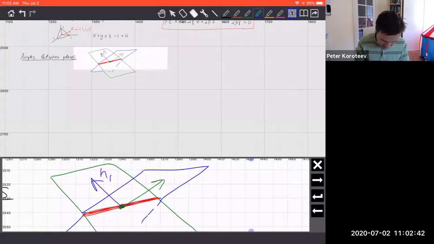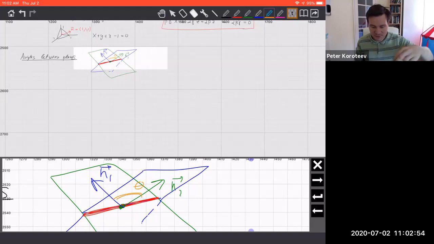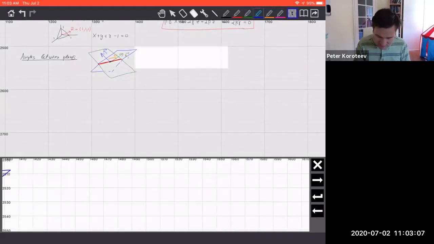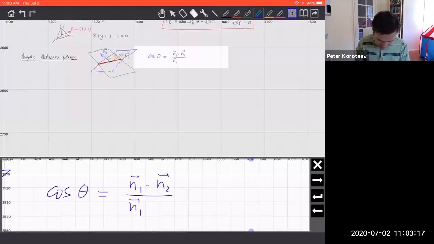So if these are n1 and n2, you can measure the angle between them and define it to be the angle between the planes. That would correspond to drawing a perpendicular line to the common line between these planes from any point of the plane, and then measuring the angle between them. But it's much easier to define it like that. So we just say that cosine of theta is equal to n1 dot n2 divided by the absolute value of n1 times n2.